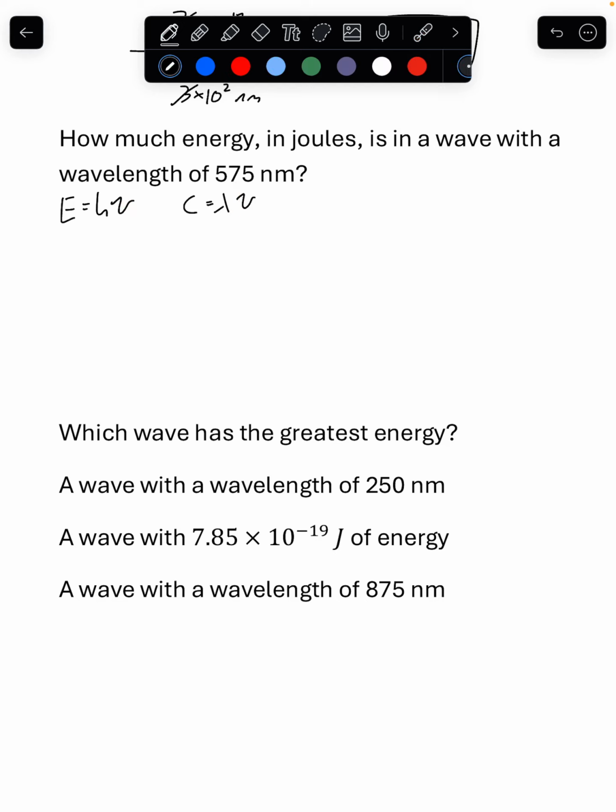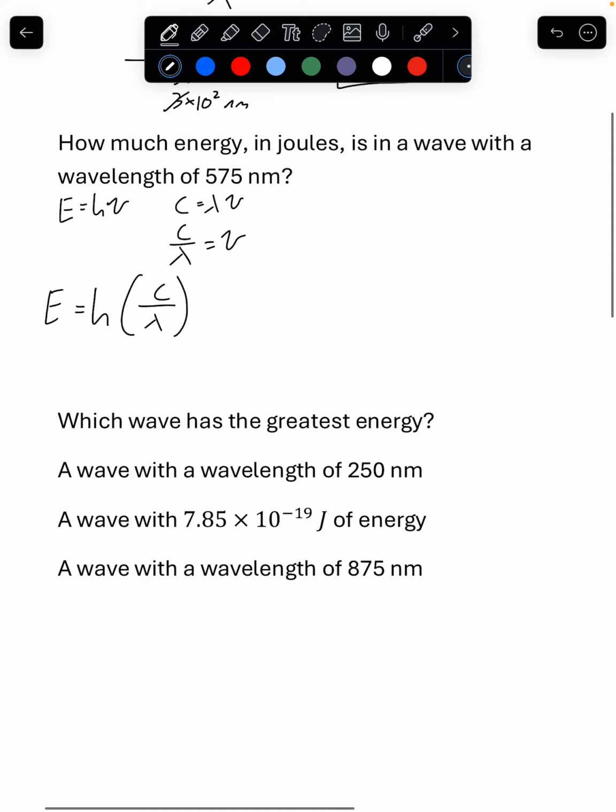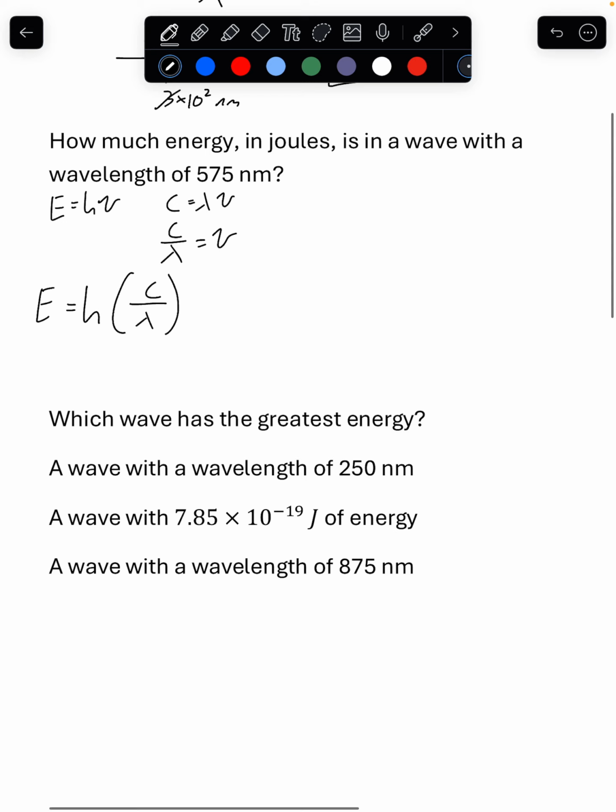So if I'm solving for frequency over here, I can say speed of light divided by wavelength is equal to frequency. That looks familiar from the last problem. And let's just plug this term in for frequency right there and say that energy is equal to Planck's constant times the speed of light divided by the wavelength. Now I just need to put my values into this equation and make sure the units work out.